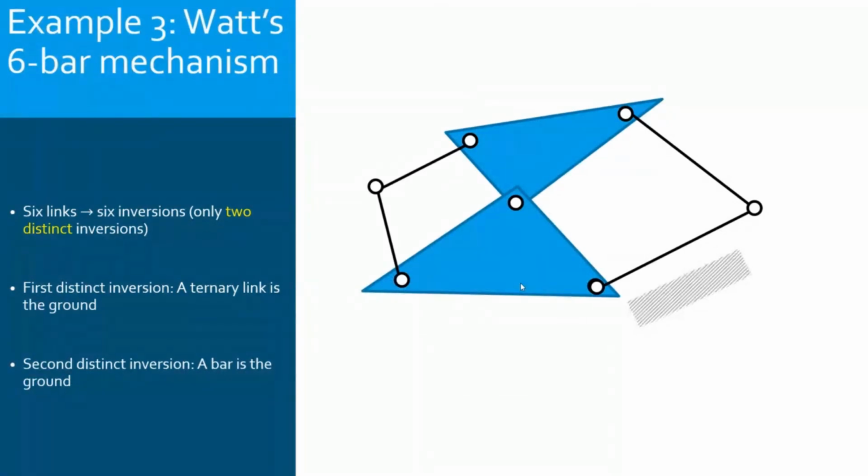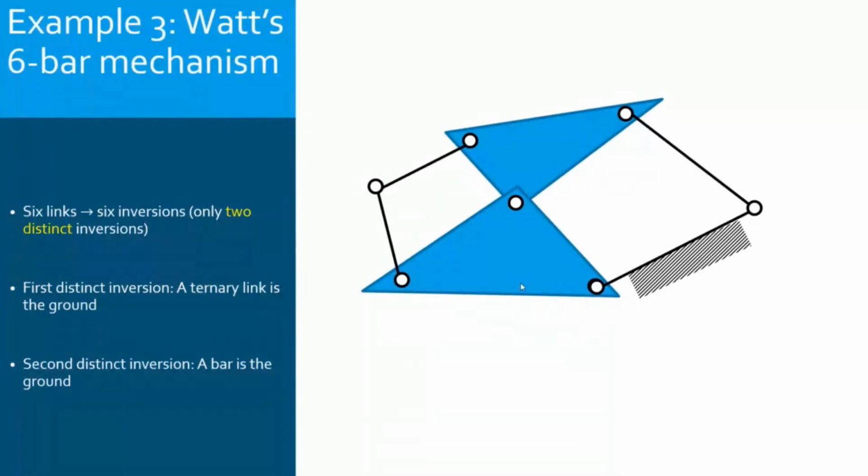The second one is the second distinct. I will have to ground one bar, any bar. So there are 4 possible inversions here, grounding one bar, any bar, but all will lead to a similar inversion, not the same, similar.